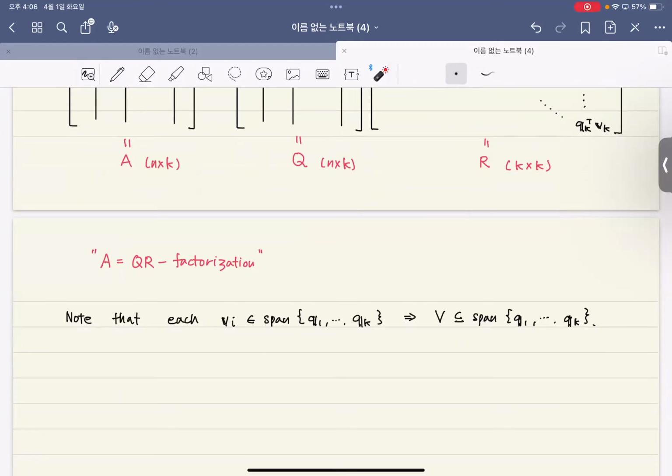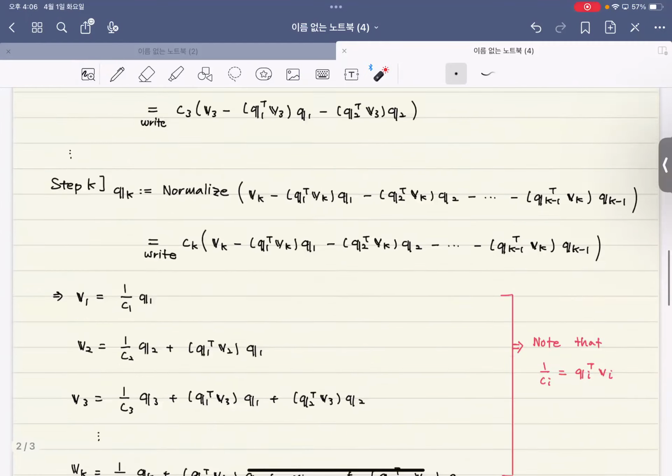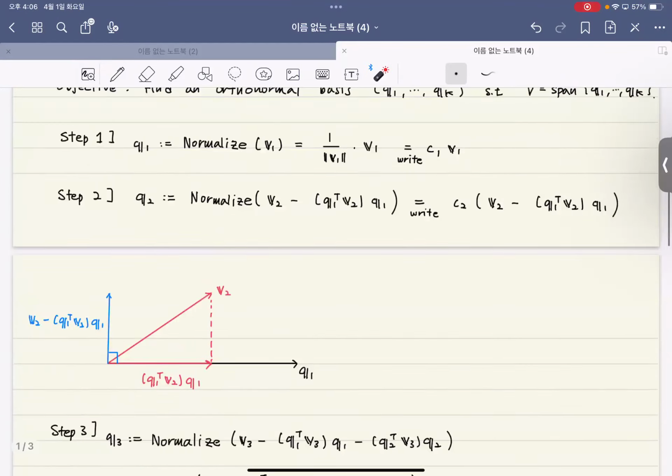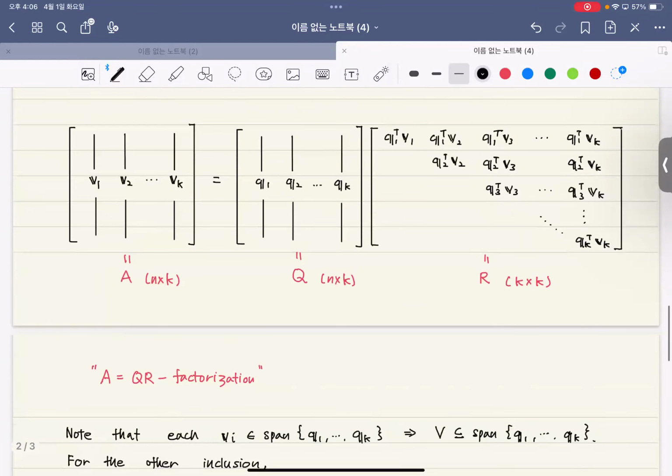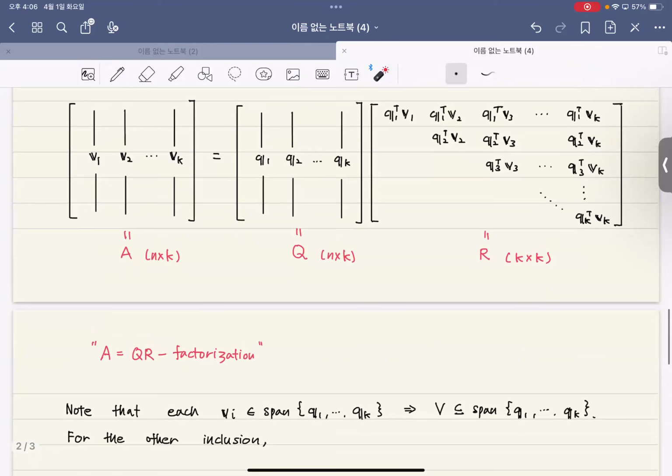What about the other side of inclusion? First you have to notice that these are k by k square matrices, and these diagonal entries are all non-zero numbers.